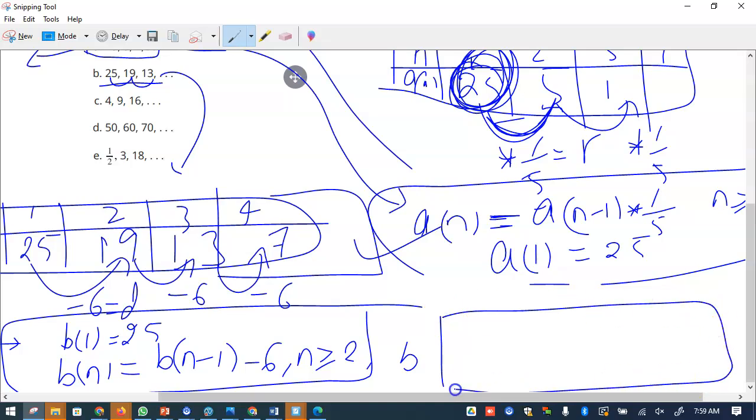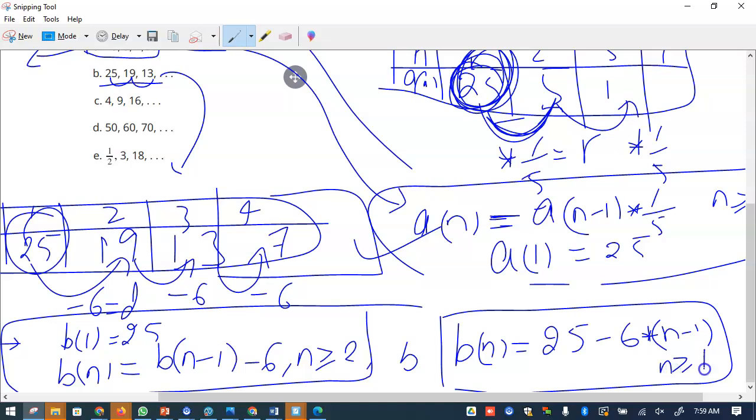But if I want to write the explicit formula, then b_n is 25 in the beginning, and then you keep decreasing by 6. How many times? n minus 1, and here you write n greater than or equal to 1. This is the explicit formula. On the chart I already have the formulas, you just have to use them. This is the explicit formula for an arithmetic sequence, and I hope this helps. Thank you.